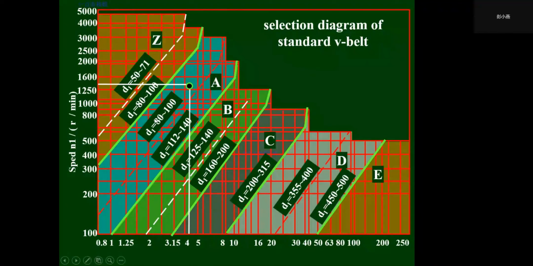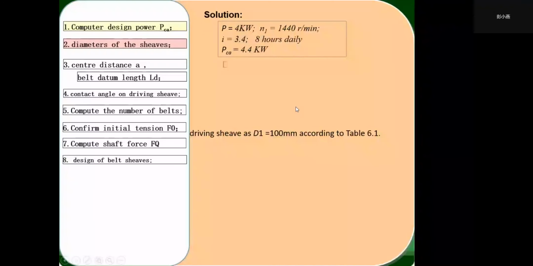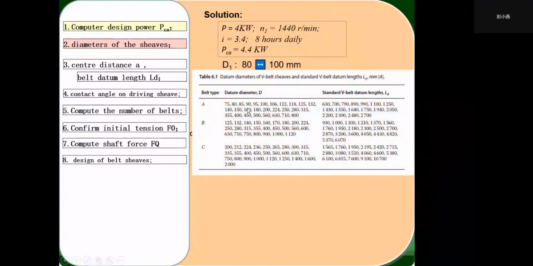And then the diameter D1, the diameter for the driving pulley, can be within the range from 80 to 100. From this table, we should choose a standard value for the belt type. For belt type A, it should be larger than 80 and less than 100.